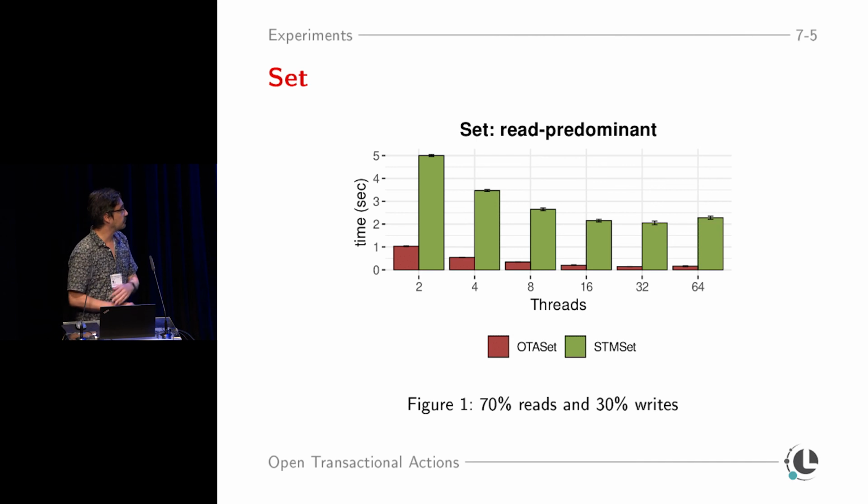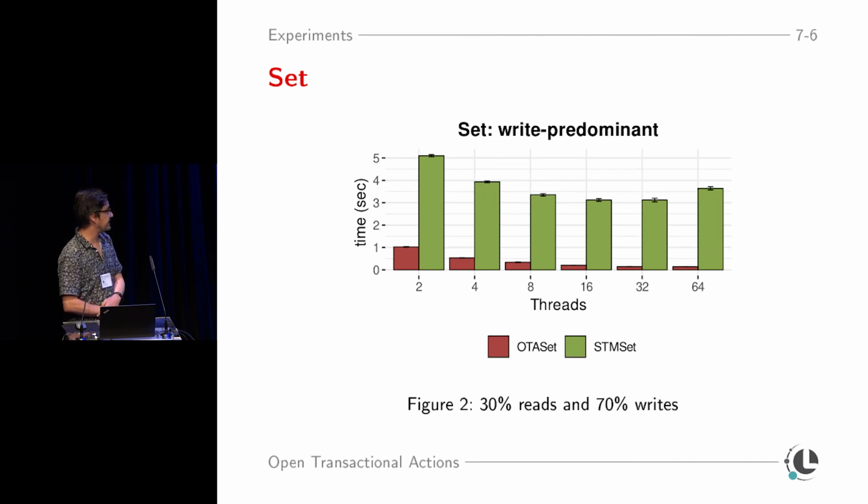In the write-dominant scenario, also with two threads, the transactional boosted version is 5 times faster than STM Haskell, and with 64 threads it is more than 20 times faster.